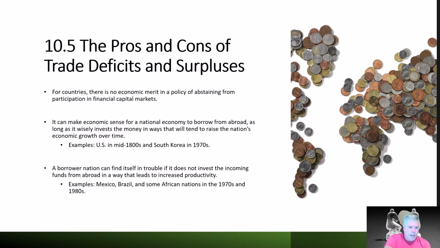So again, foreign borrowing is not necessarily bad, and some of the work that the IMF, the International Monetary Fund, and the World Bank do is not necessarily bad. You'll hear people say, "Oh, it's horrible," or it's globalist, or they're being oppressive to the Southern Hemisphere. Not necessarily true.